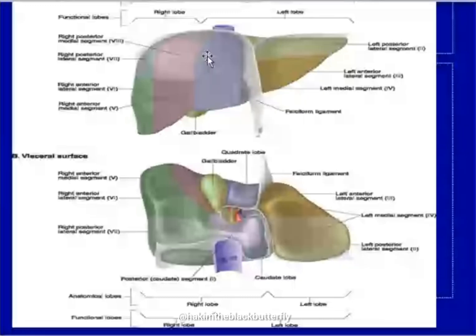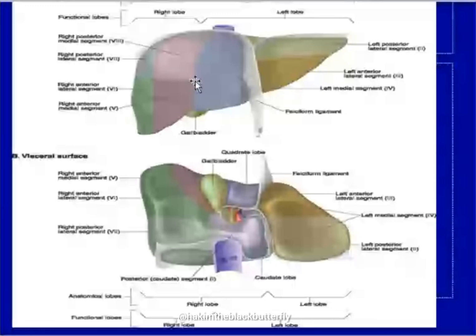But the falciform ligament is the boundary between the right anatomical lobe and the left anatomical lobe. It means that the right anatomical lobe is bigger than the left anatomical lobe, but the right functional lobe is smaller than the left functional lobe.